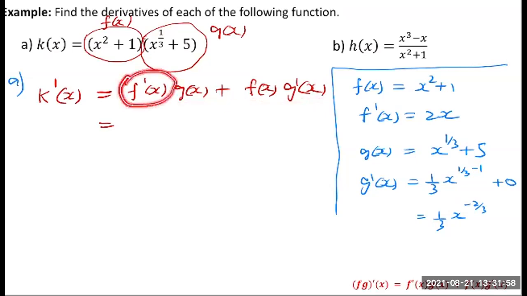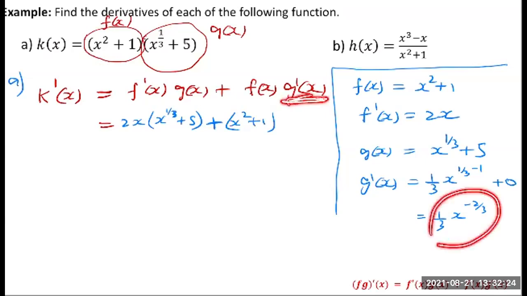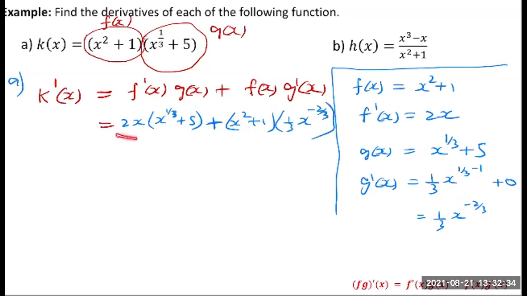F prime of x, that is this one, 2x, times g of x. My g of x is x to the power 1/3 plus 5, plus f of x, my f of x is x squared plus 1, times g prime of x. G prime of x, I just found it, is 1/3 times x to the power minus 2/3. That's it. That is the answer.